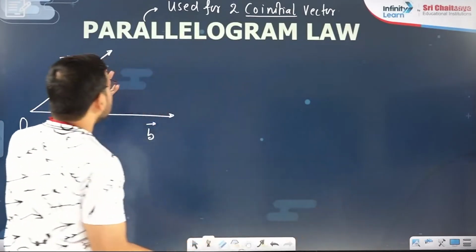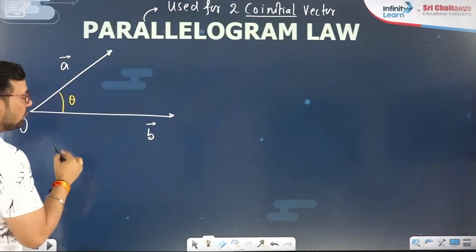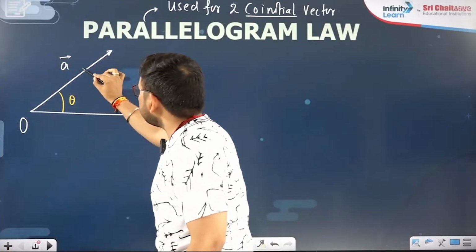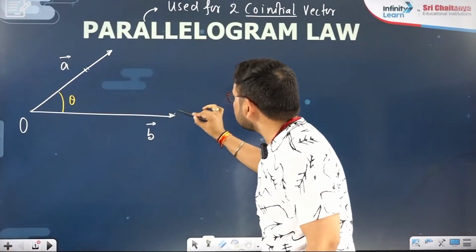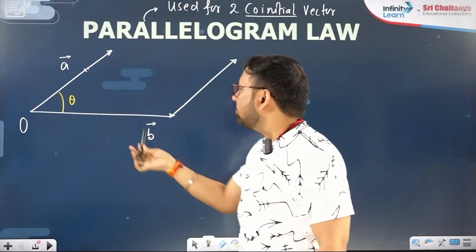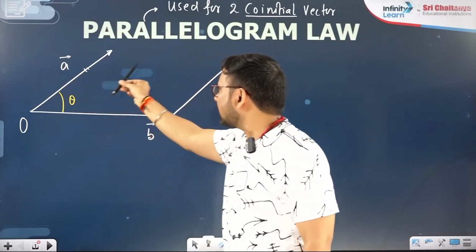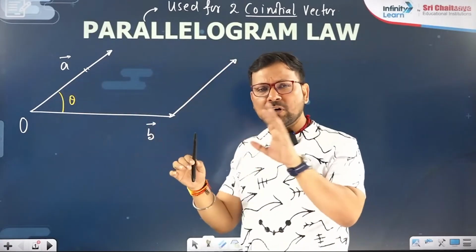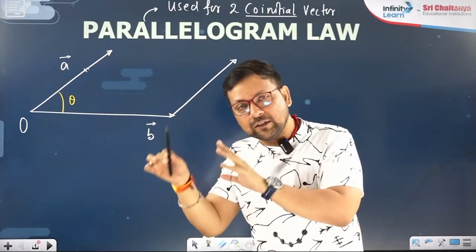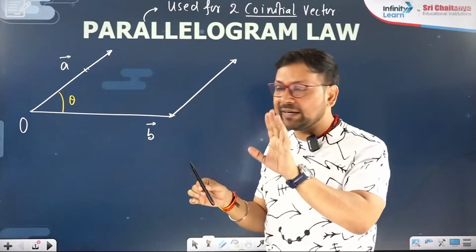This is the parallelogram law, so we will make a parallelogram. How will we make it? A vector is there. I will draw another vector parallel to A. If I shift this vector parallel to itself, we all know a vector does not change when shifted parallel to itself. It only changes when rotated.